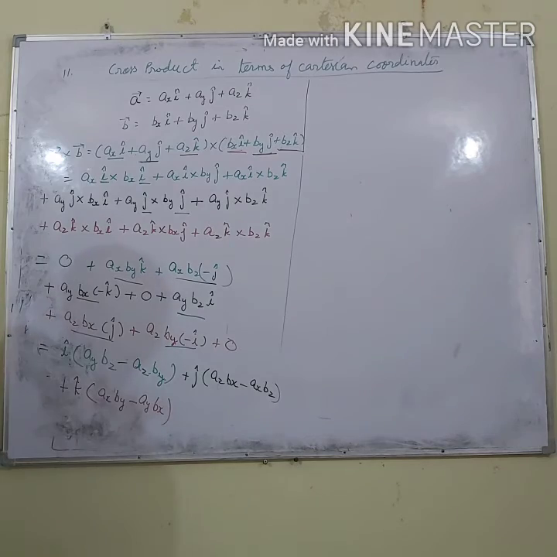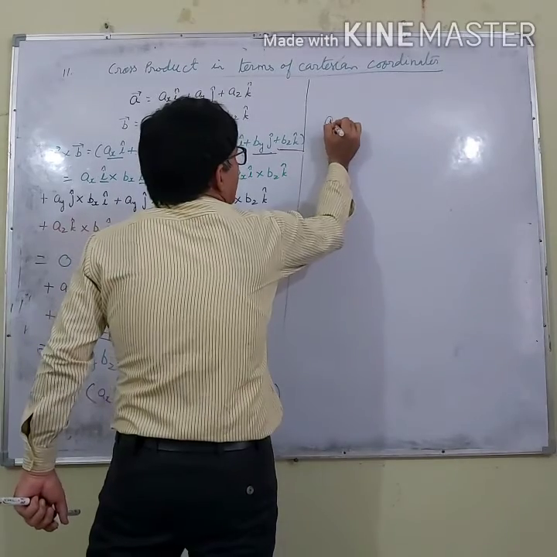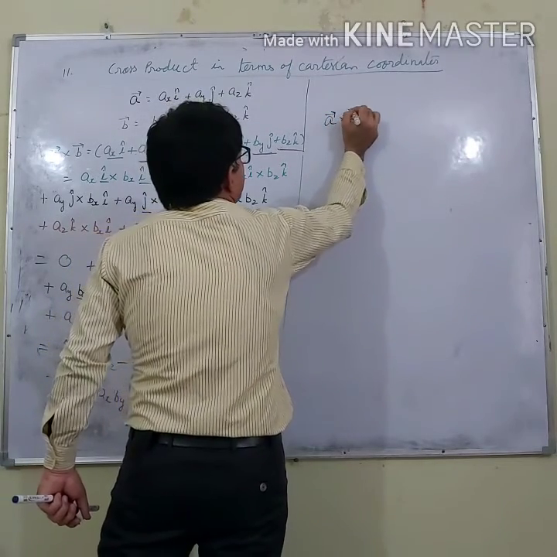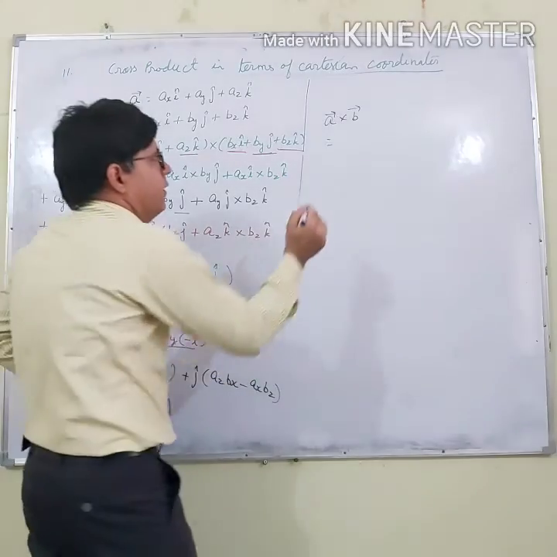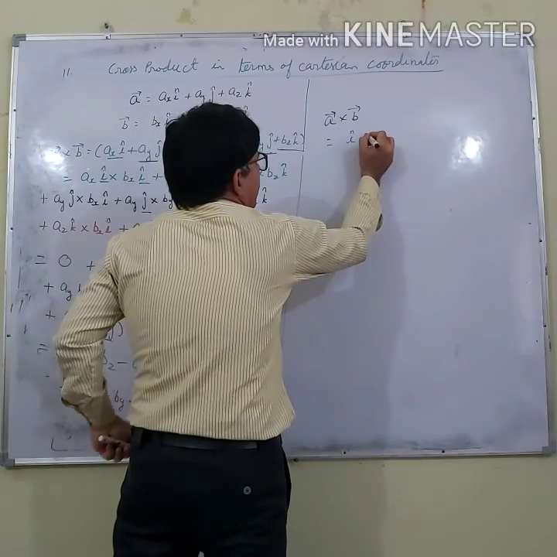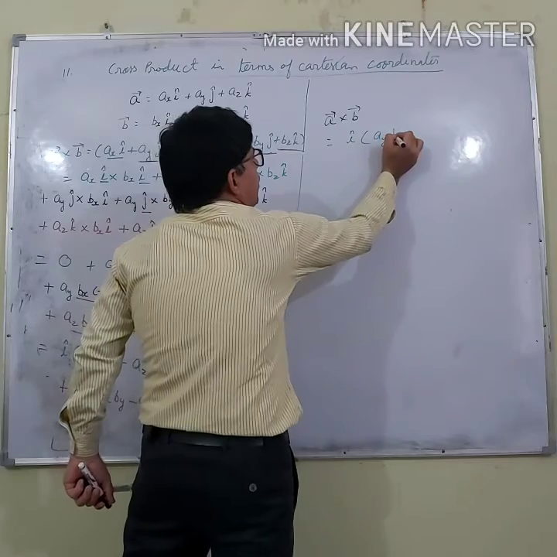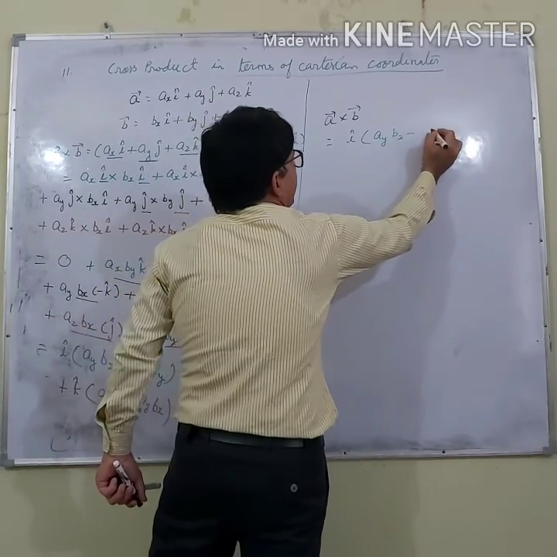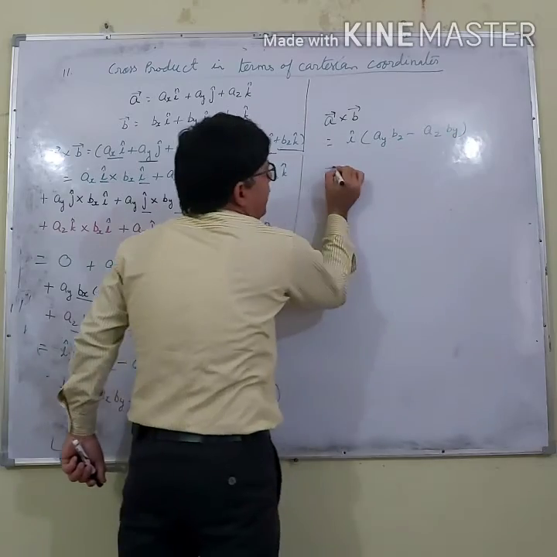Now how will you remember this? It is very simple to remember. Let me tell you, this is A cross B. For i cap, it is the x-axis, so move to y z and interchange: A_y B_z minus A_z B_y.